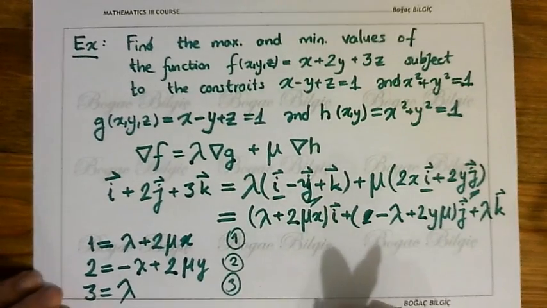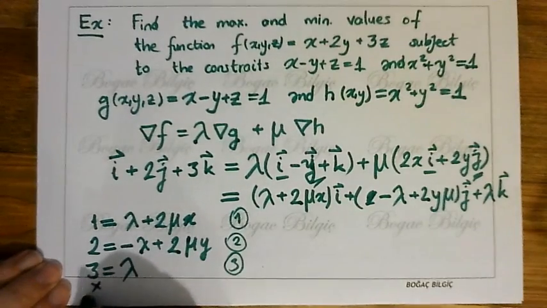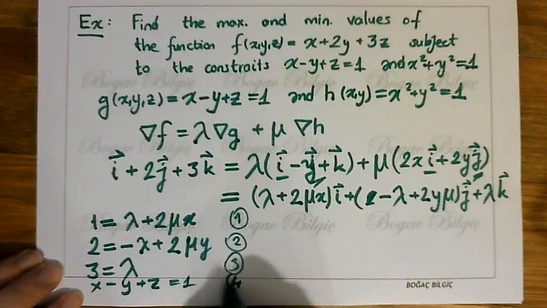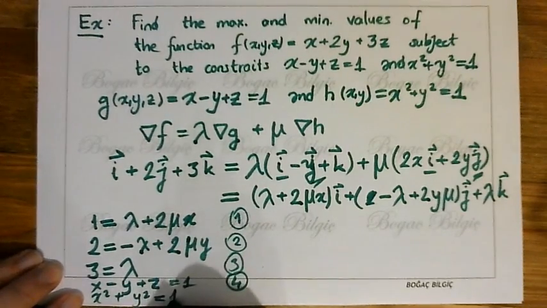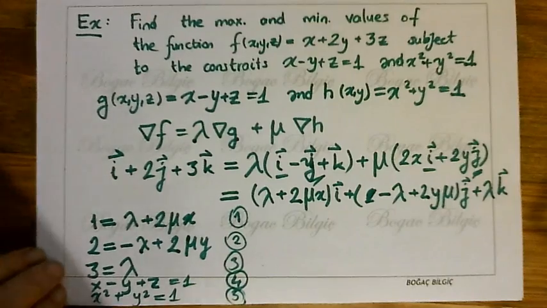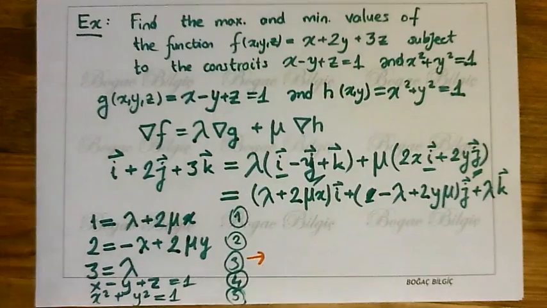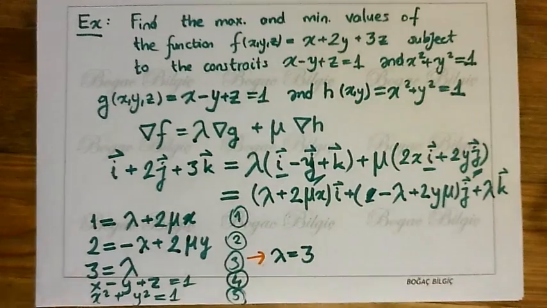First constraint is x minus y plus z is 1, equation 4, and second constraint is x squared plus y squared is equal to 1, equation 5. And these equations give lambda is equal to 3.